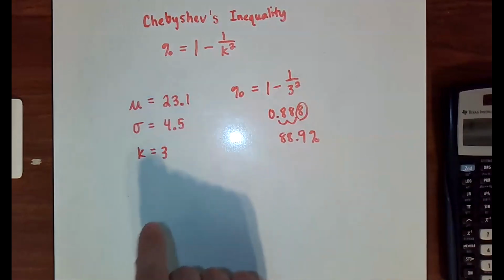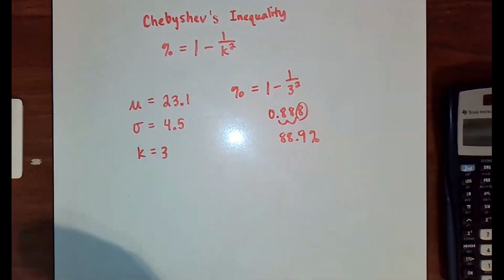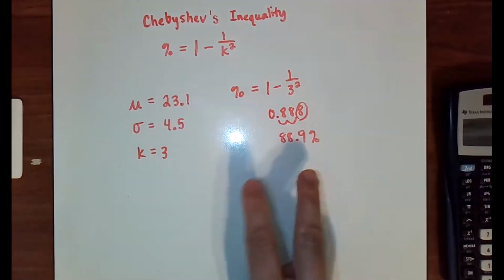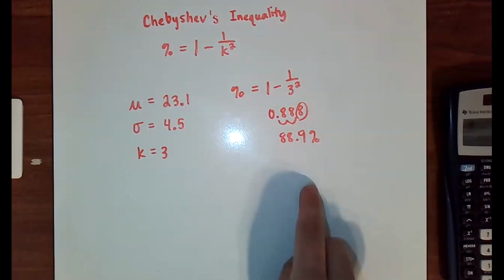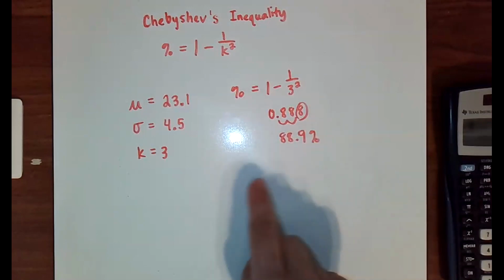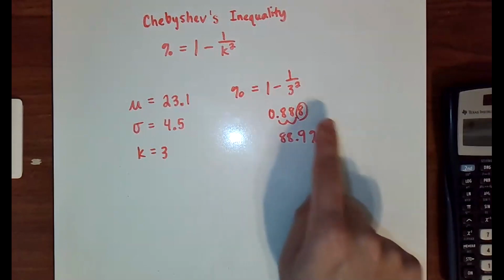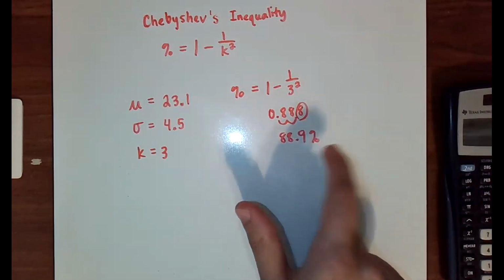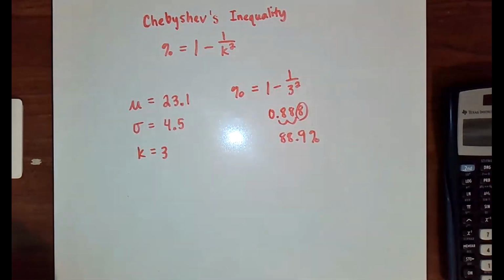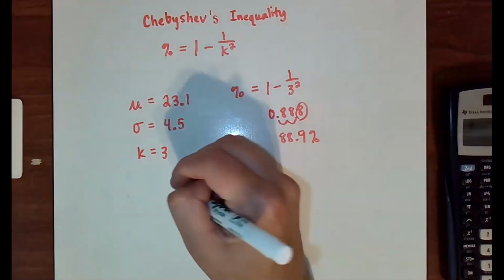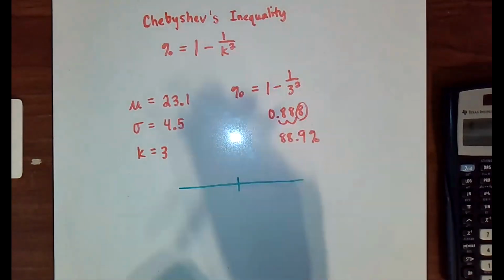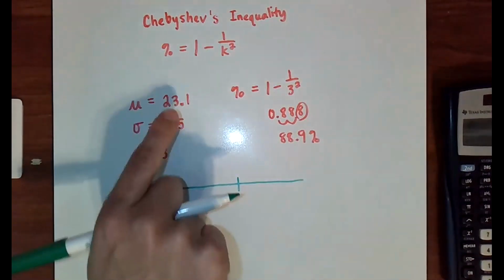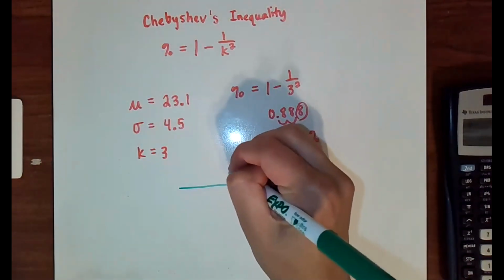The second part asks for the values that are in between. We're going to have 2 values, and we're saying that 88.9% of data is going to fall between those 2 values. You can almost create a little number line where mu is going to be in the middle.